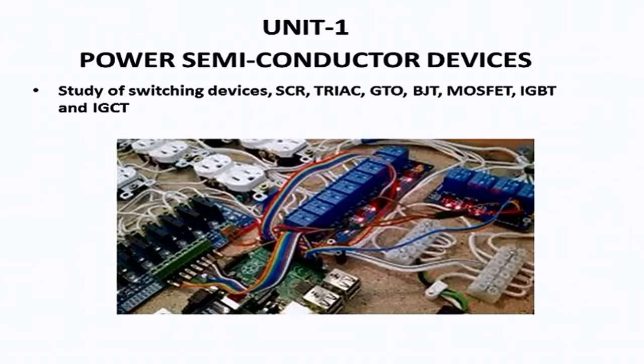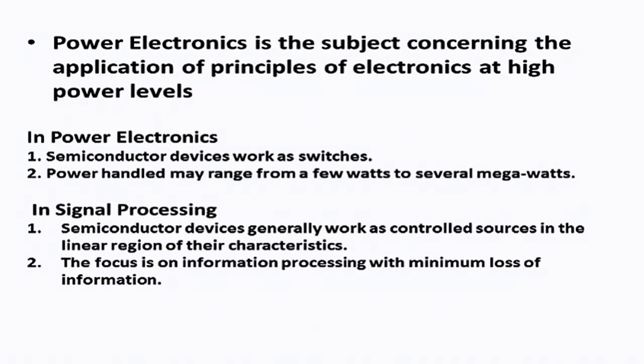The first topic is the study of switching devices such as SCR, silicon controlled rectifier, triac, gate turn off thyristor, BJT, bipolar junction transistor, MOSFET, metal oxide semiconductor field effect transistor, IGBT, insulated gate bipolar junction transistor, IGCT, integrated gate commutated thyristor.